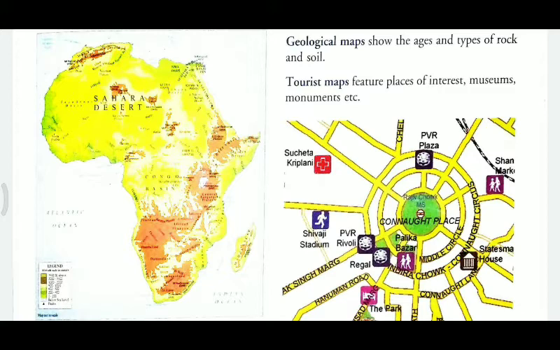PVR Plaza, Shivaji Stadium. They are the places of interest, मतलब जहाँ पे लोगों का इंटरेस्ट होता है वो. If you want to watch a movie, if you want to watch a cricket match, so here the conventional symbols describe PVR Plaza, PVR Rivoli and Regal.